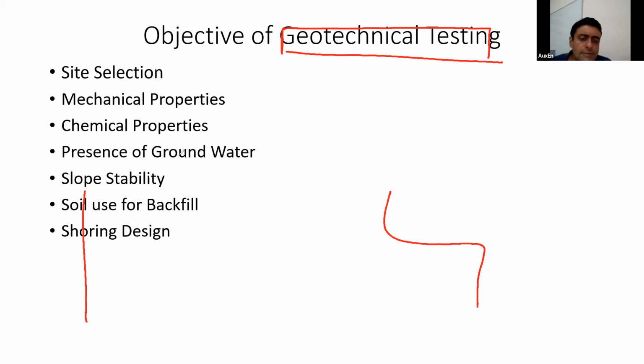So what I will do is we will start with this from tomorrow. See what we have understood right now. We have understood why geotechnical testing is required. We have understood it through 5-6 cases that we took.